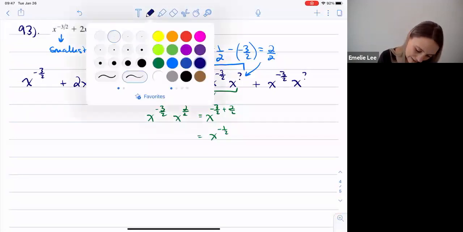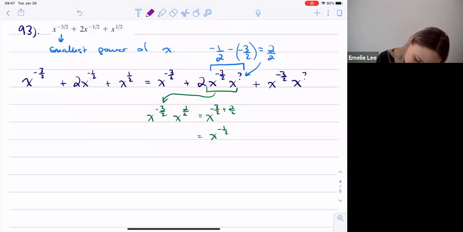Okay. And here, I need it to be 1/2, and I need to pull out minus negative 3 over 2.